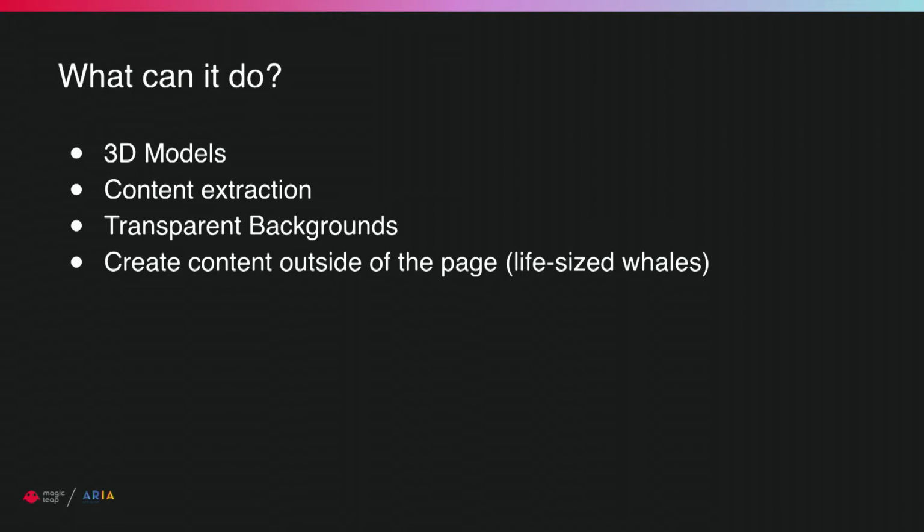And what content extraction is essentially allows the user to take something inside of their page, say like a tiny shoe, and they can literally pull it out and place it in their environment. And that is going to persist in their environment until they decide to close it.